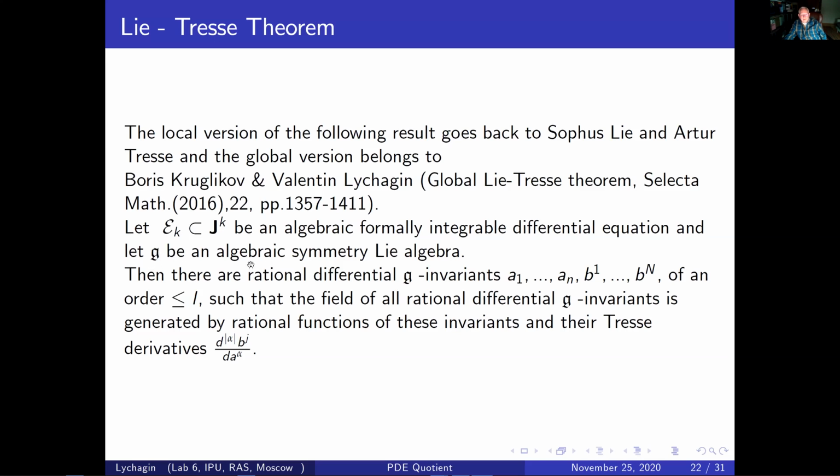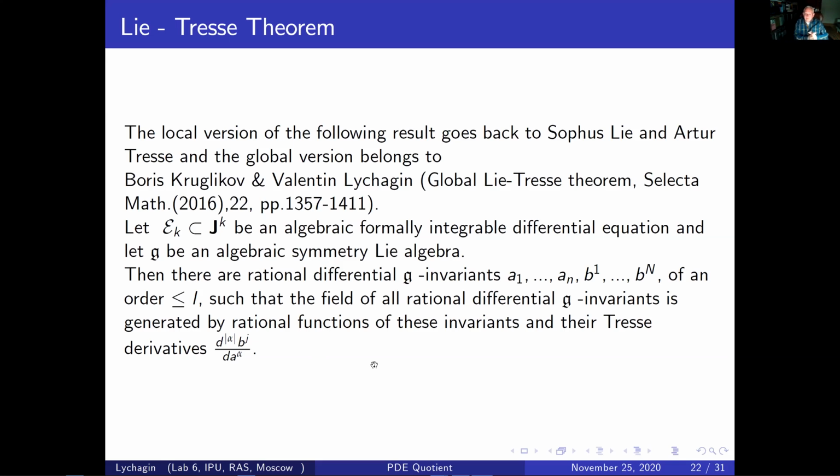And so in this setting, there are rational differential invariants. You can find rational differential invariants, where n is the dimension of our base, and the capital N really depends, so you cannot fix this capital N. But anyway, there is such a number of invariants that all other invariants will be just rational functions of these a's, b's and the Tresse derivatives.